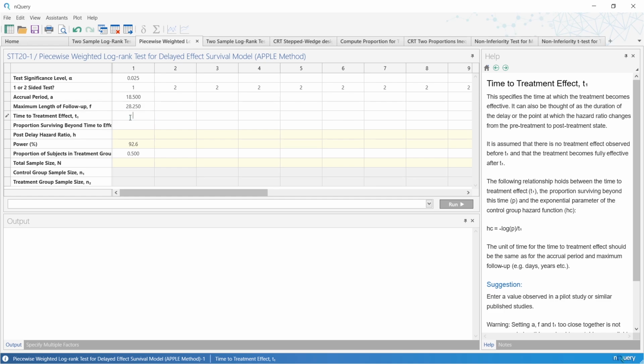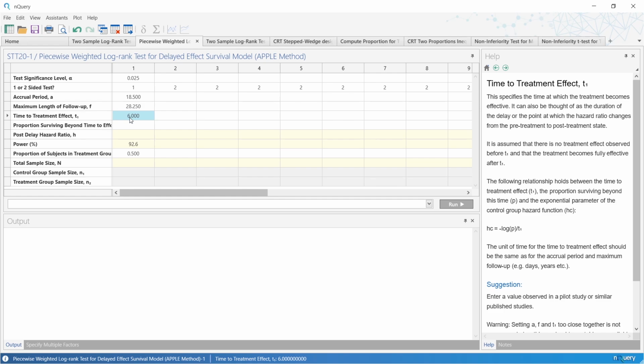And in this case, we want to say that is 6 months. So we're saying that for the first 6 months, let's assume that instead of having an immediate hazard ratio of 0.666, that we had a reduction of 1/3 in the events in the treatment group compared to the control group. Let's say for the first 6 months, they're both going to be at the same hazard as the control group, because that's our baseline hazard.